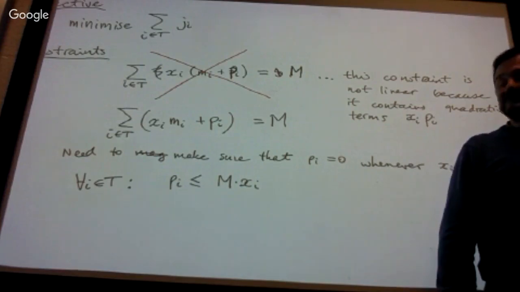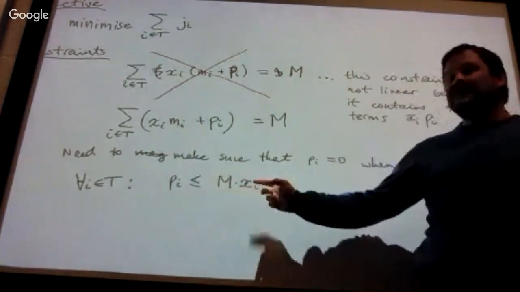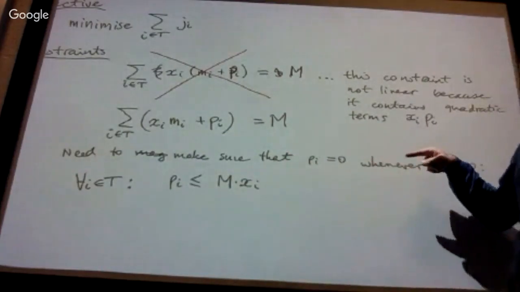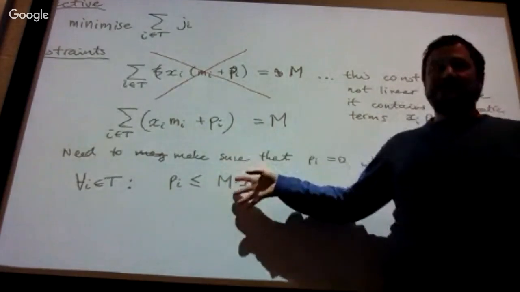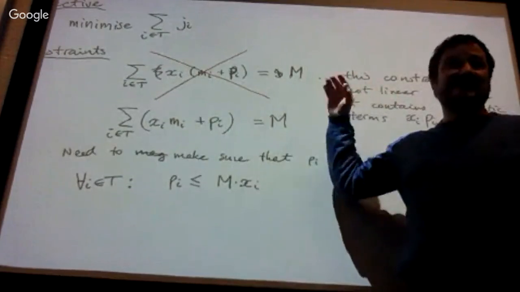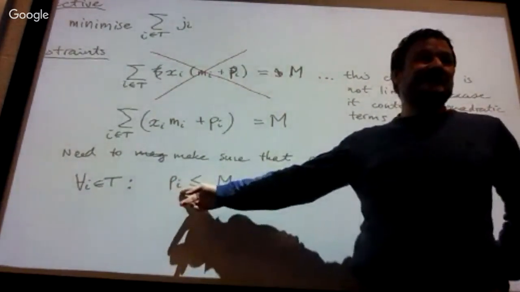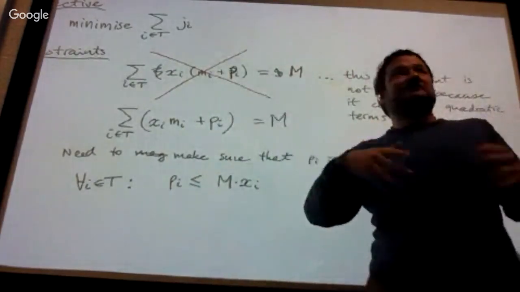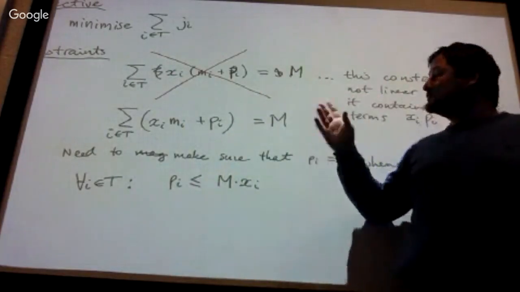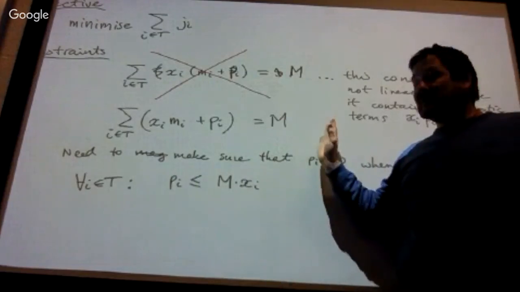You could put a million xi there, or 2 billion. It really only serves the purpose to ensure that if xi is 0, this right hand side is 0. If xi is not 0, we don't care what the right hand side is, but it must not be too small, or it would limit us in taking more than 500 or 300 or whatever. So if M is large enough, at least 500, that's okay.